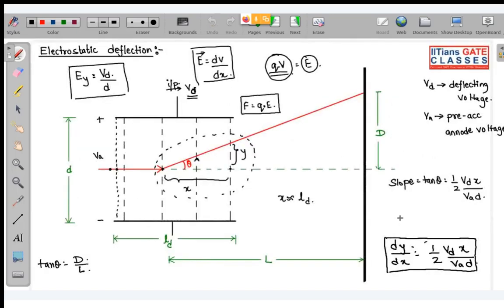So suppose here this is the deflection for a particular electron, this is VA. And for one more electron, let me have VA2, where VA2 is greater than VA1, for the same amount of VD. Now the deflection will be like this.